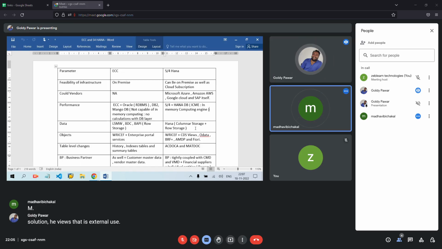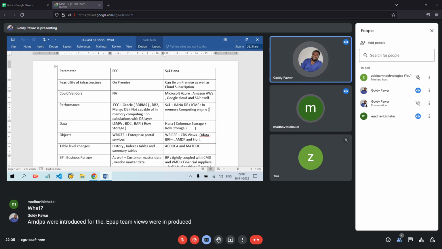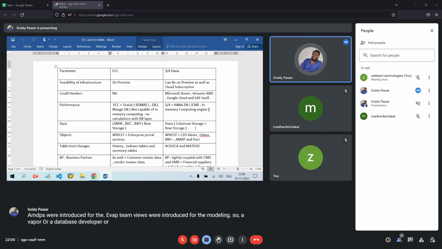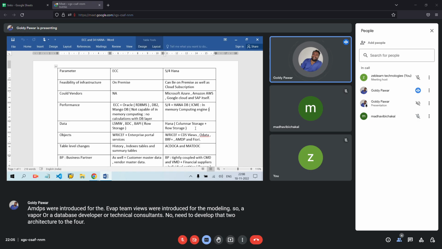Got it. AMDPs were introduced for the ABAP team, views were introduced for the modeling team. So an ABAPer or a database developer or technical consultant no longer needs to develop four different types of objects in two architectures in the same system.